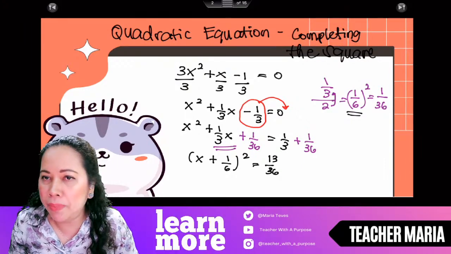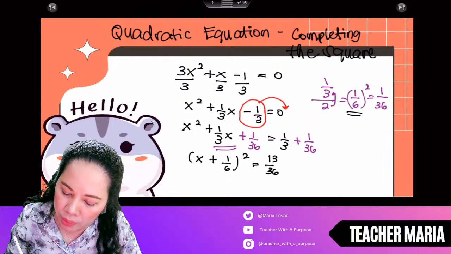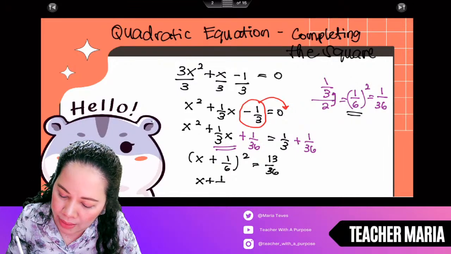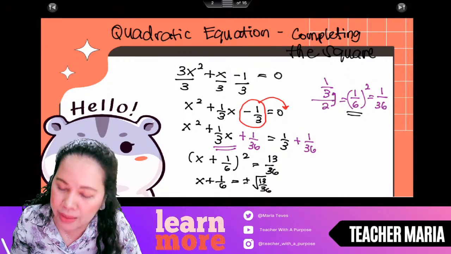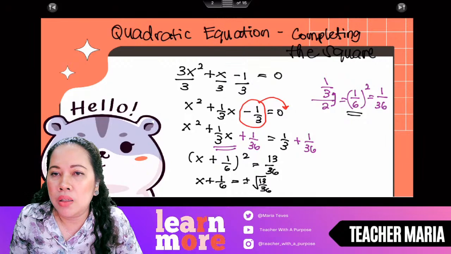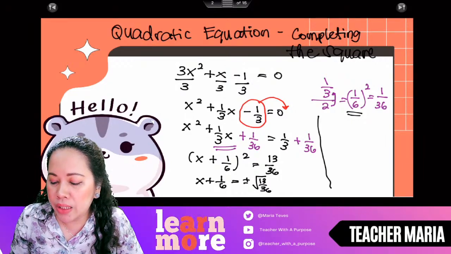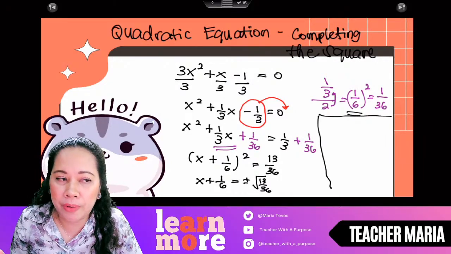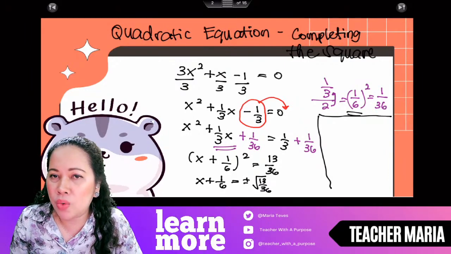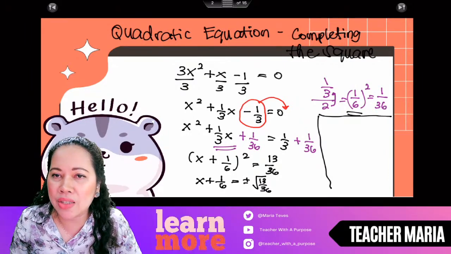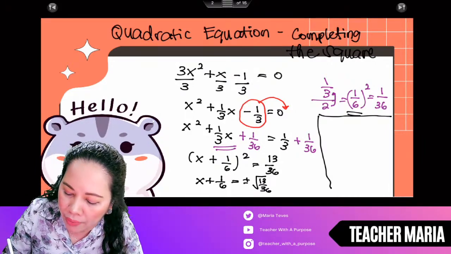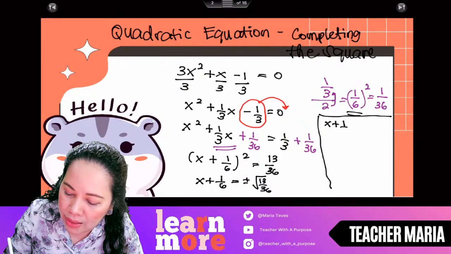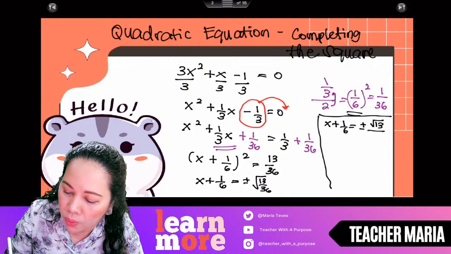And then the next step, you transfer the square. So you'll have x plus 1/6 equals plus minus the square root of 13 over 36. Now, when you notice this, 36 is a perfect square number. So you can actually extract 36 out of the square root. So you will have x plus 1/6 equals plus minus square root of 13 over 6.